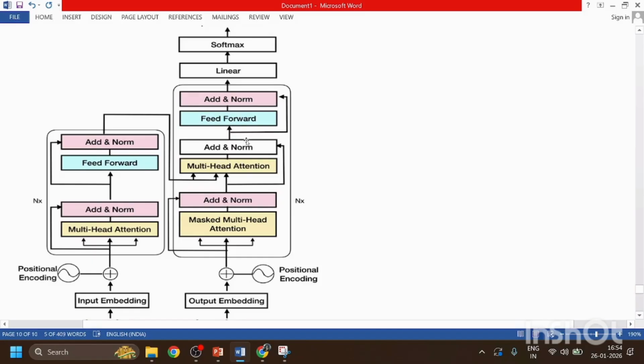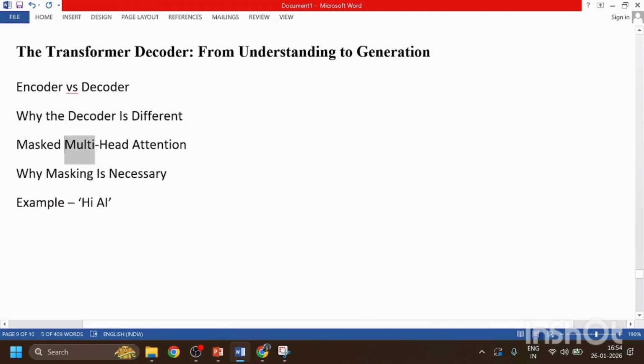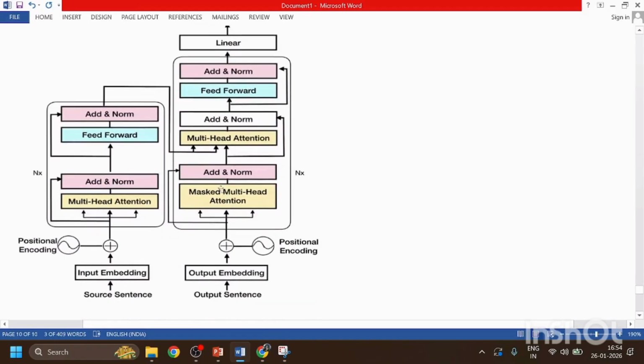If it could, it would be cheating. Yes, I use the word cheating, humans get it instantly. Now we are going to move to masked multi-head attention. Here in the decoder you can see masked multi-head attention. This is called masked self attention.